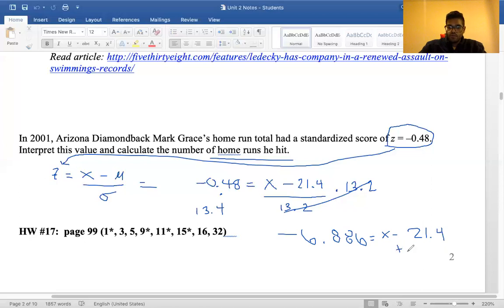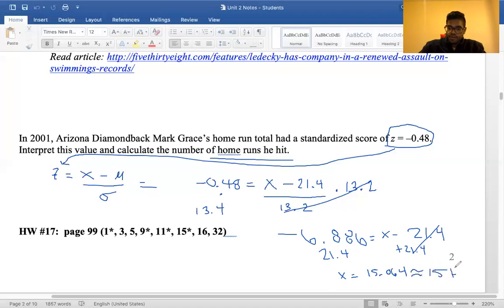Add 21.4 on both sides. Hopefully this part isn't too difficult. These cancel out, and you get x is 15.06 home runs, which is approximately 15.